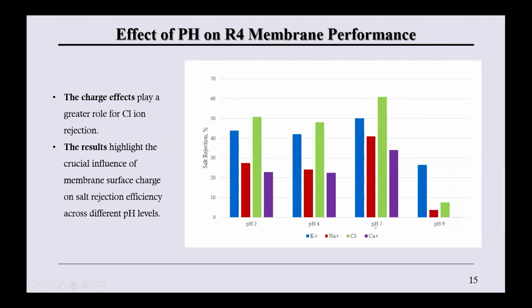But at pH 7, it had the best removal efficiency. We can say that the membrane surface charge can affect the salt rejection efficiency across different pH levels. It was clear from this chart.